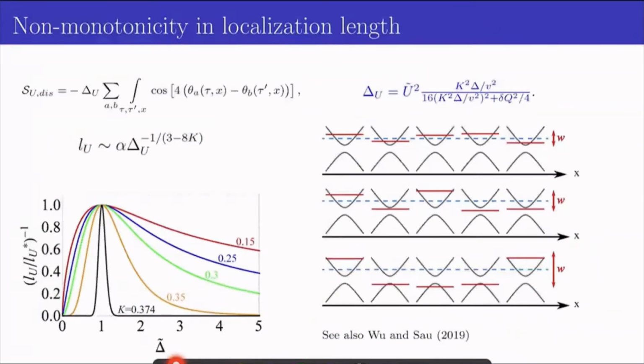Another striking feature of the theory is the non-monotonic behavior in the localization. Namely, the localization is the strongest for disorder at some intermediate value. This intermediate value actually corresponds to the disorder fluctuation being comparable to the incommensuration, in other words, the average chemical potential relative to the gap.